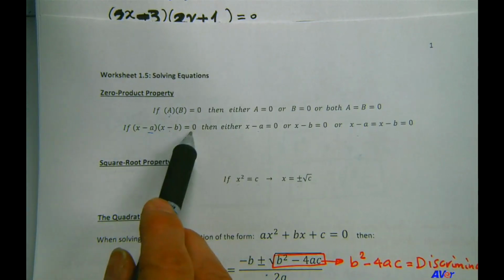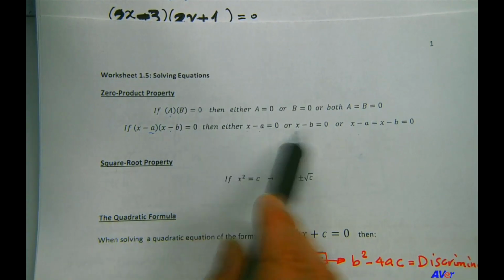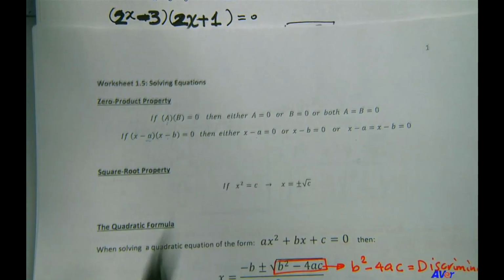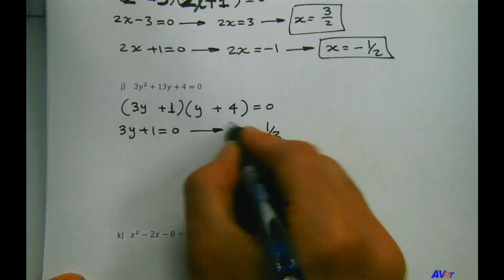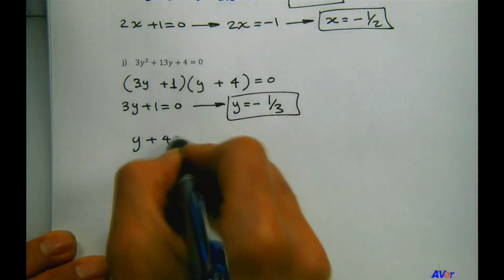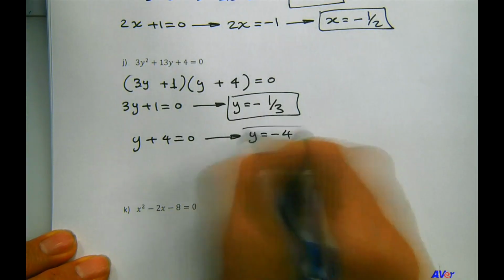If that's equal to 0, then either this is equal to 0 or that is, and we do that to solve for x. Okay? And then for y plus 4 equals 0, so y equals minus 4.